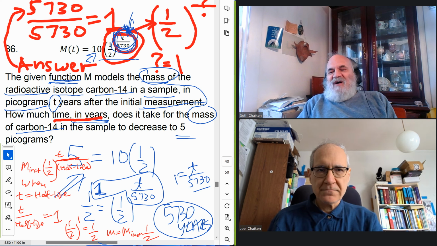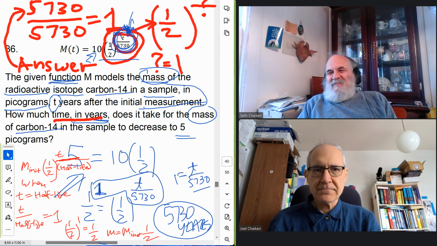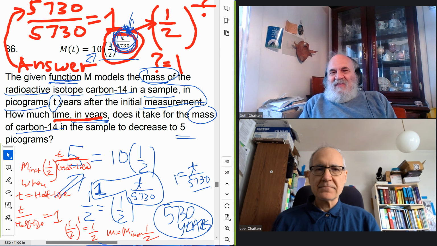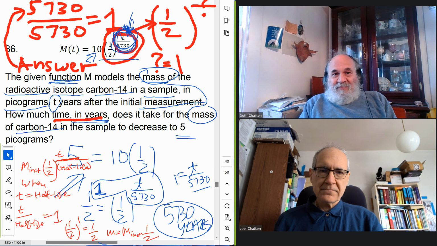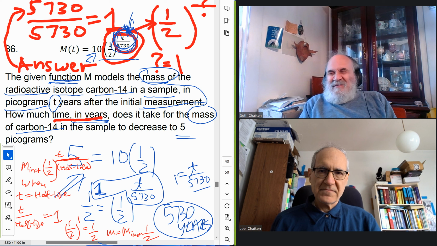A broad understanding that comes later in learning all the science is that it tells you the function models the mass. So the units for the values of m are units of mass, and the coefficient is multiplied by a fraction raised to an exponential power.